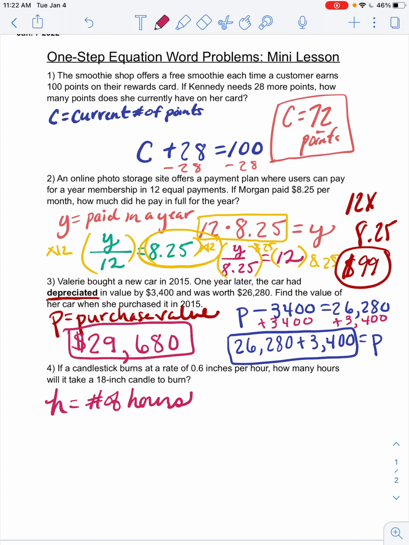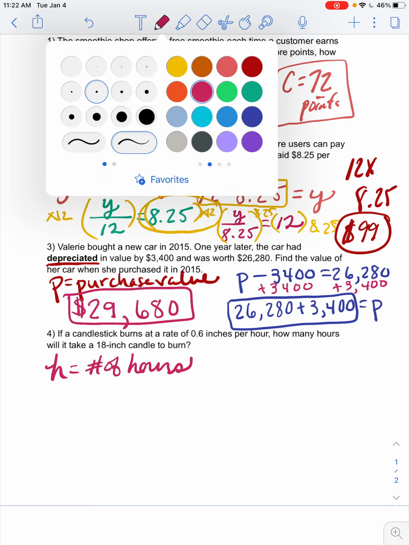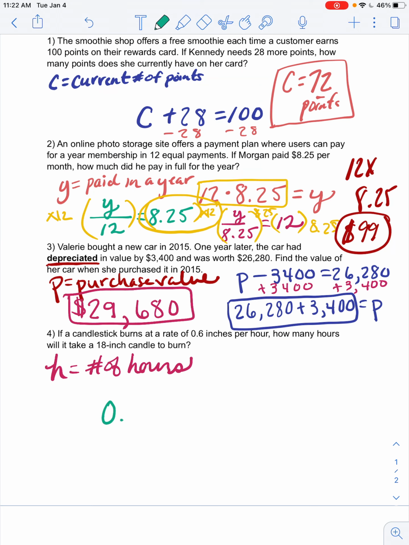So if we know it's going to be H hours total, and for each of those it's going to burn 0.6 inches, then you can set this up by saying 0.6 times H is going to have the whole candle burn, and it's an 18-inch candle. So it's 0.6 times H equals 18.